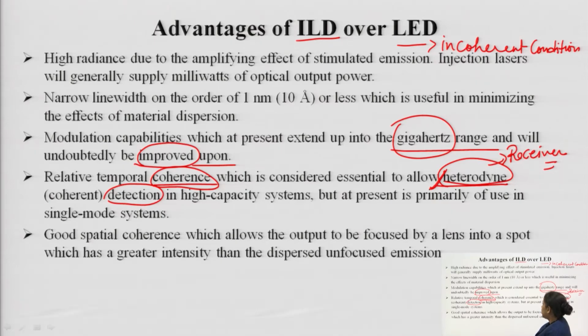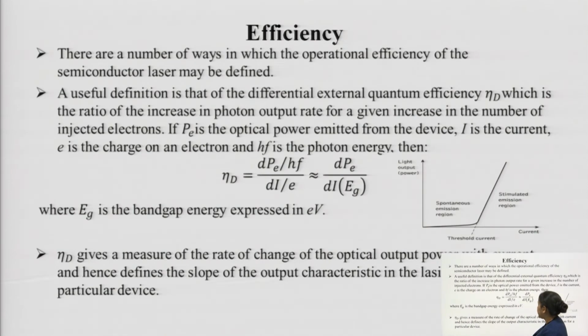Good spatial coherence allows the output to be focused by the lens into a spot which has a greater intensity than the dispersed unfocused emission. So, due to the presence of coherence, it has a greater intensity and focus can be increased, which can't be achieved by the dispersed unfocused emission. These are some of the advantages of ILD over the LED.